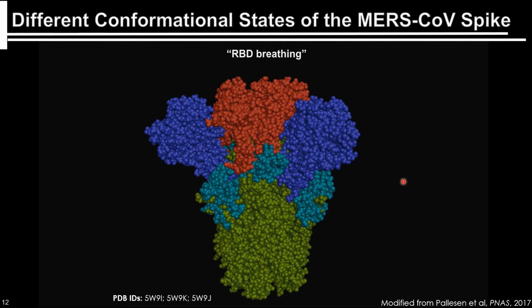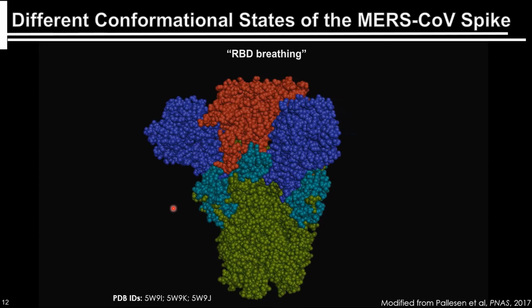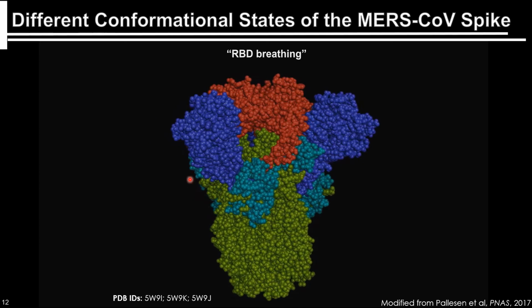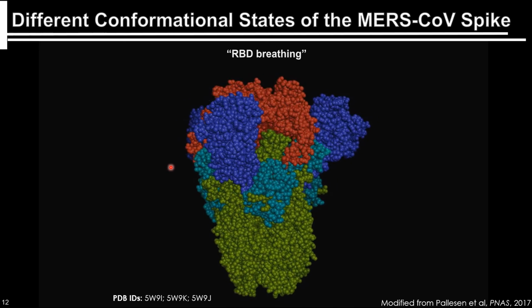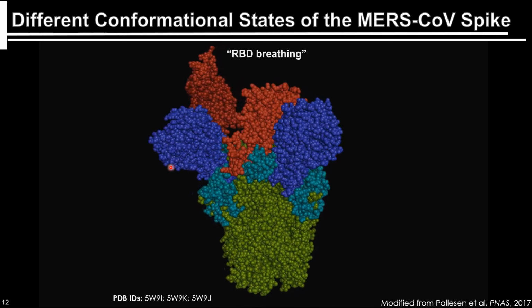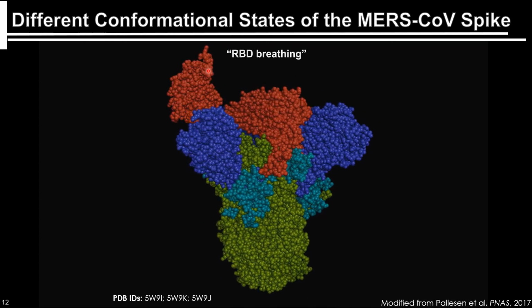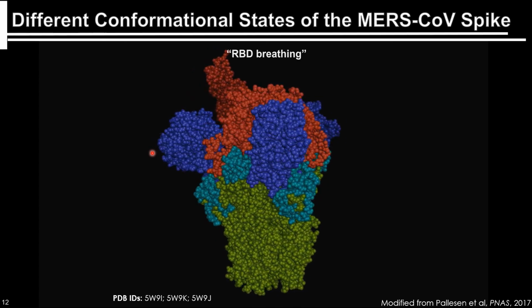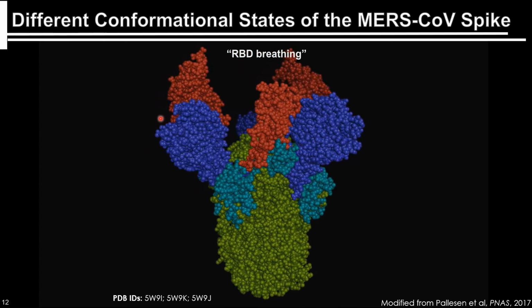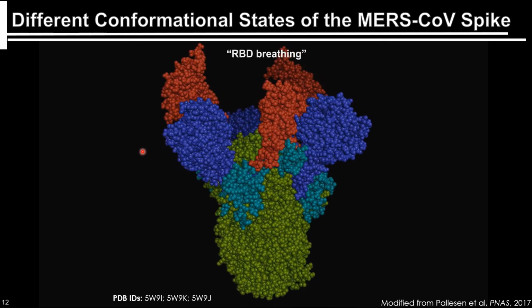So here is a video which shows RBD breathing, where you will appreciate that one RBD can open up and a second RBD will be closed and something like that. So here all three are closed. One RBD has opened up. Second RBD has opened up.